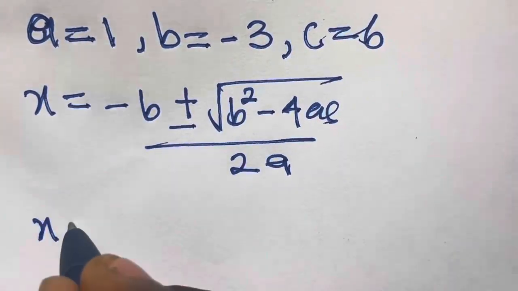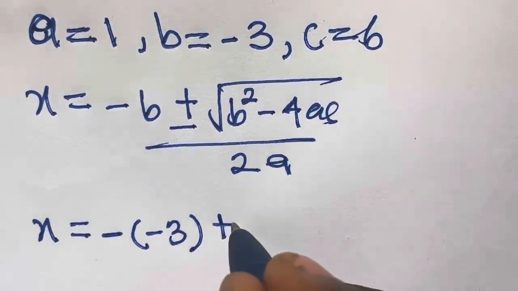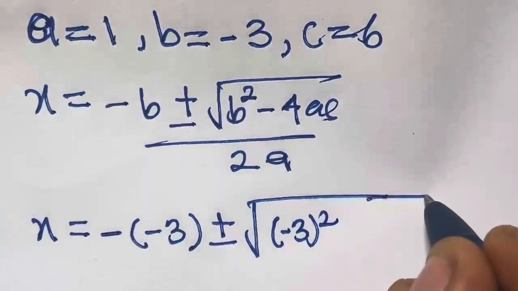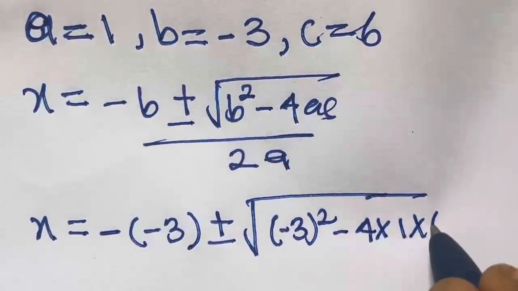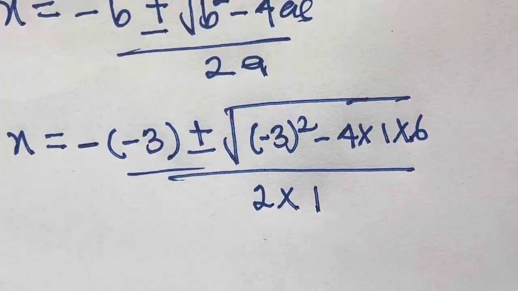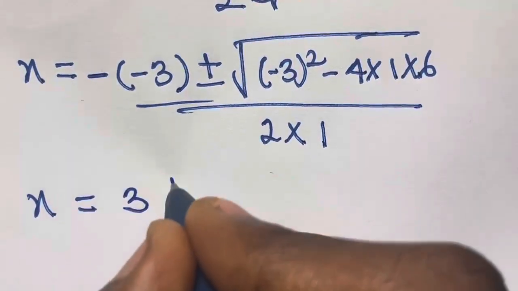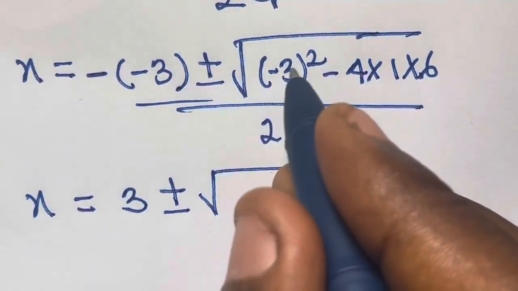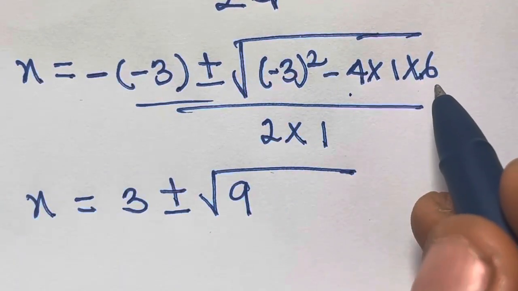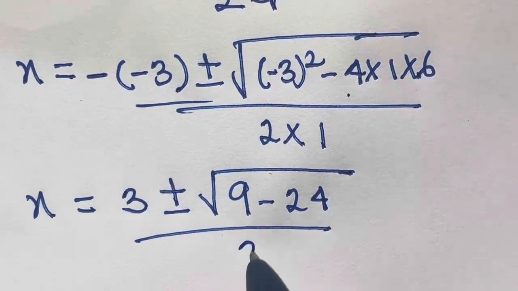So we have x equals minus, minus 3, right, plus or minus square root of b, that is minus 3 squared, minus 4ac, divided by 2 times 1. So we have x equals minus times minus 3 will give us 3, plus or minus square root of minus 3 squared will give us 9, then minus 4 times 1, that is minus 4, times 6, that is minus 24, divided by 2.